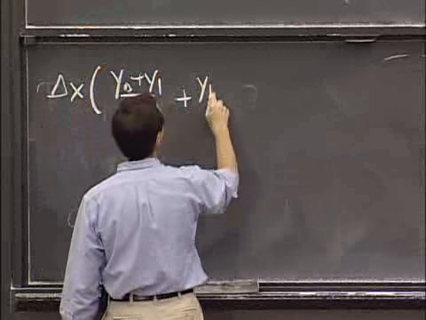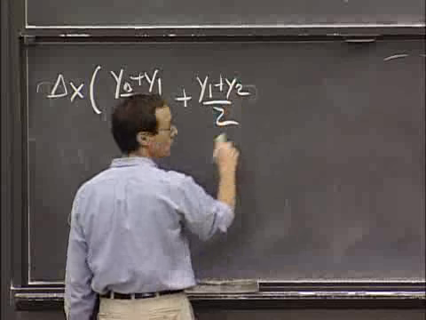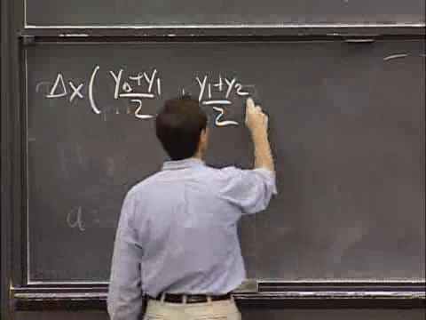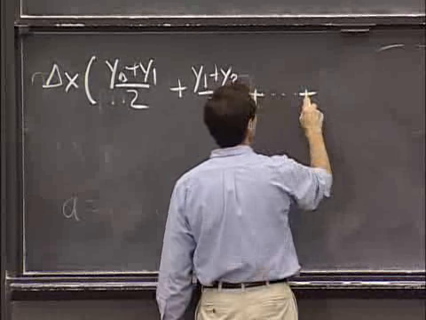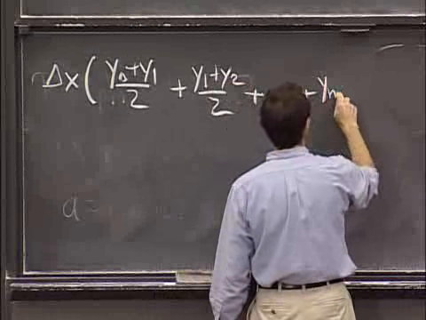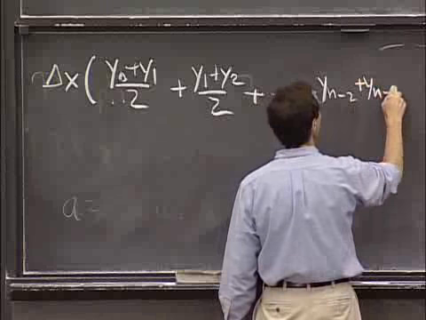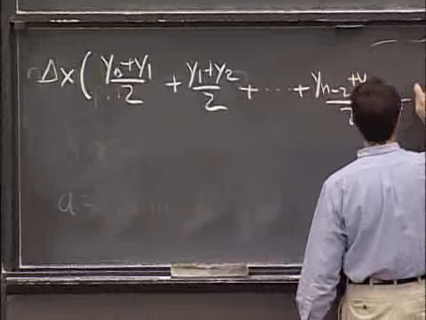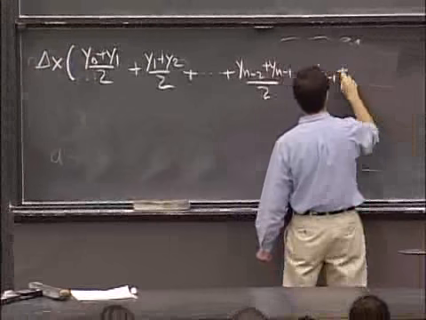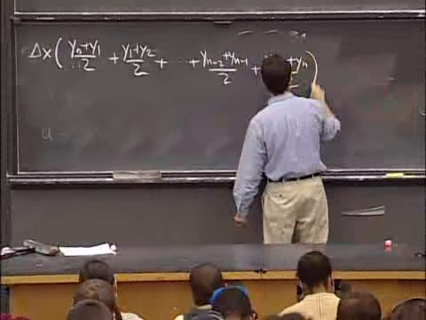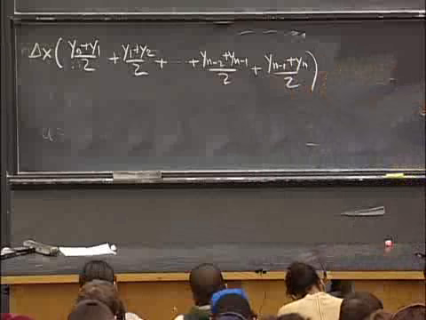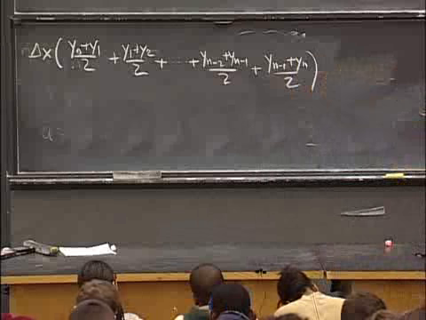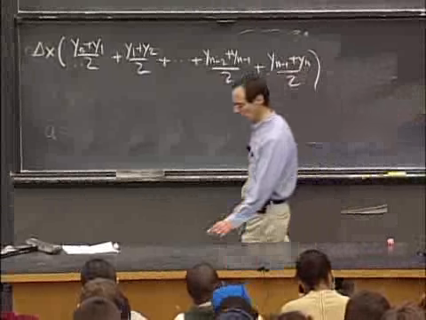The next one is y1 plus y2 over 2. And this keeps on going. And at the end, I have yn minus 2 plus yn minus 1 over 2. And then last of all, I have yn minus 1 plus yn over 2. All right, that's a very long formula here. We're going to simplify it quite a bit in just a second.